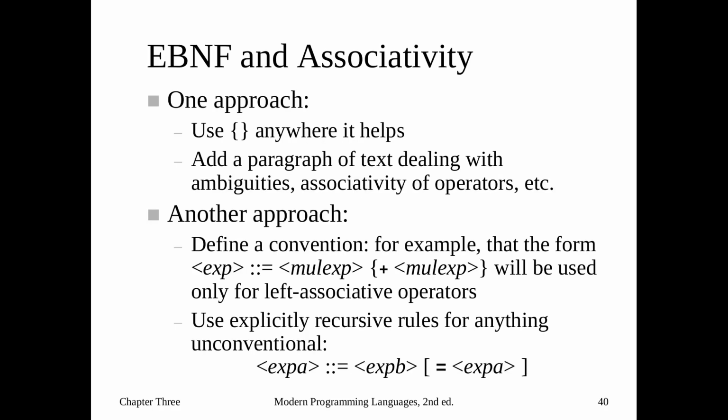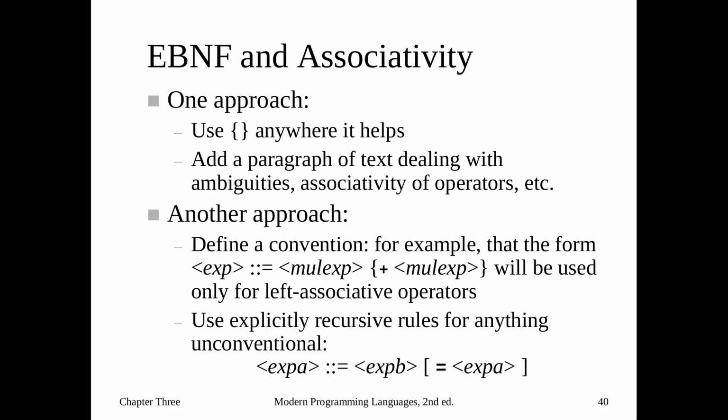So in order to deal with associativity in EBNF, there are a couple of approaches. The first approach is the simplest: we just use the curly braces for repetition wherever we need them, and then add accompanying text that describes how to deal with any ambiguities or associativity that we need to handle. On the other hand, we can define an actual convention.